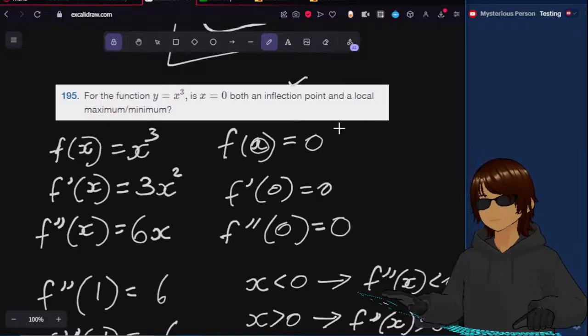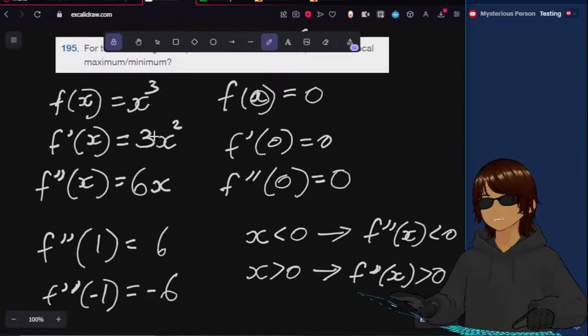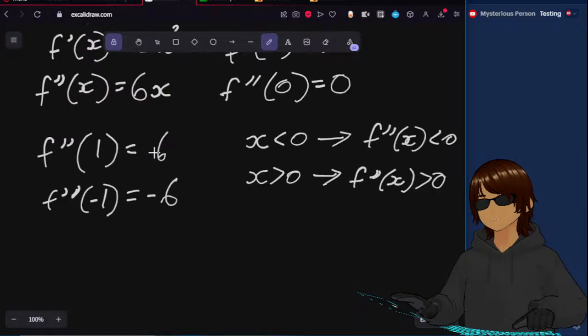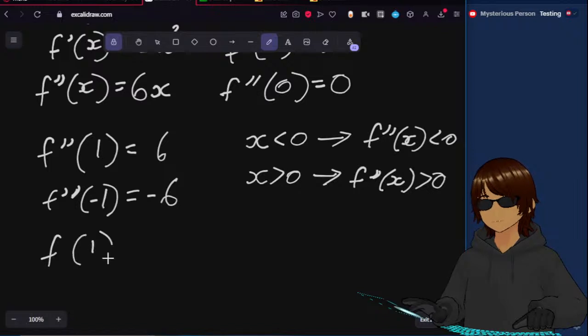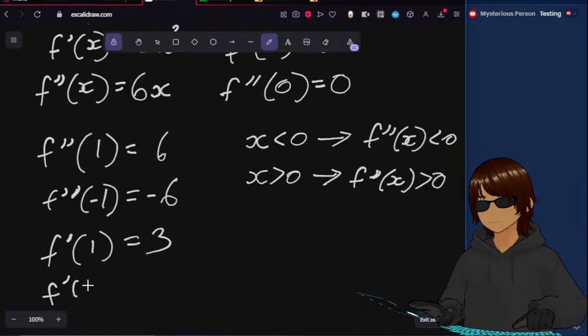Now, is it a local maxima? I know the answer is no, but, okay. The derivative at 1 is equal to 3, and the derivative at -1 is still 3.